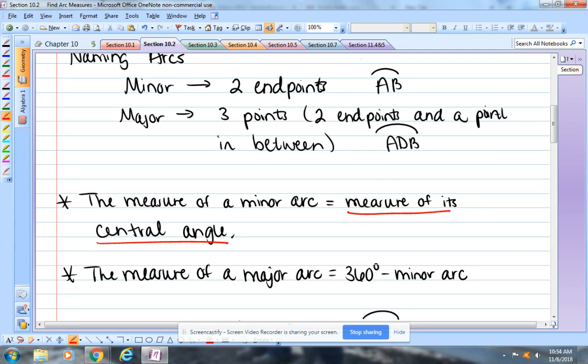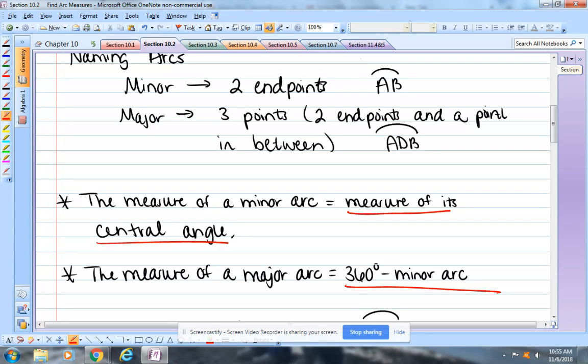So if it's a minor arc, you fill in the blank there with the measure of its central angle. For a major arc, you're going to do 360 degrees minus the minor arc, which should be greater than 180 degrees. So minor arcs have to be less than 180. Major arcs will be greater than 180.